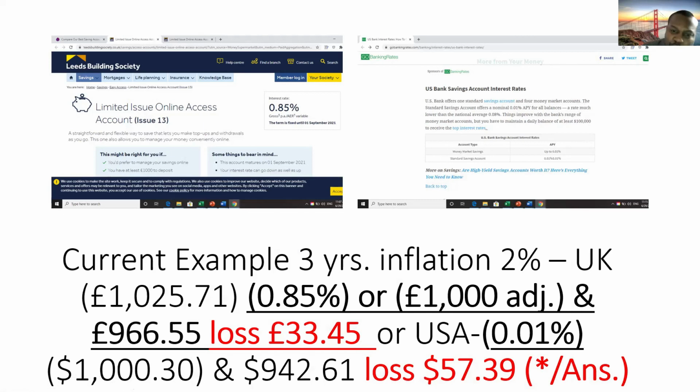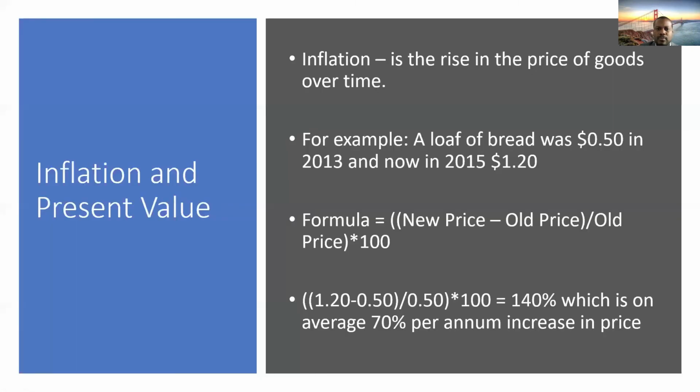So in real terms, if you're getting a rate of return that is far less than the 2%, and here we have 0.85, which is far less than 2%, and 0.01, which is far less than 2%, you are more likely to lose money by investing in any financial institution over that particular period. Now we can move on to considering inflation.